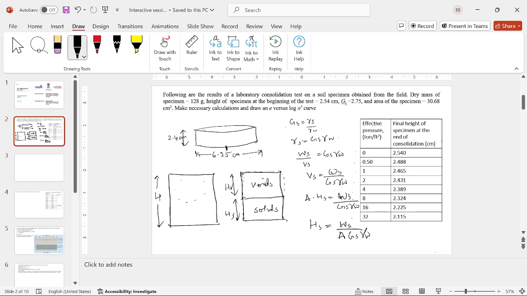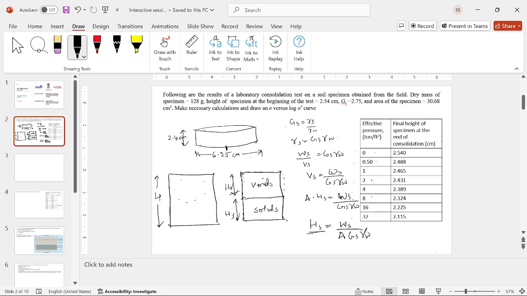So we already know the height of solids. Height of solids is not going to change. Only thing that is going to change is the height of voids as we go on with the compression. So first let's calculate the height of solids and then let's calculate HV for each time step.